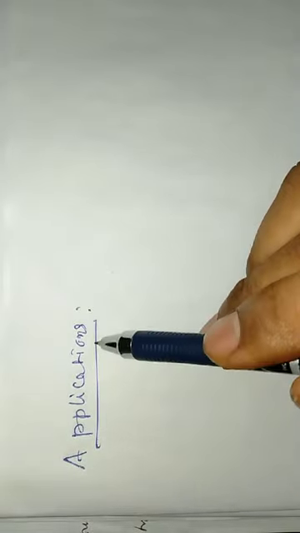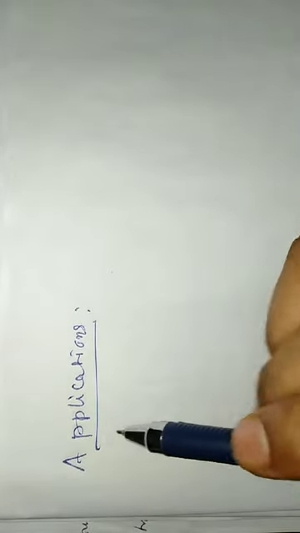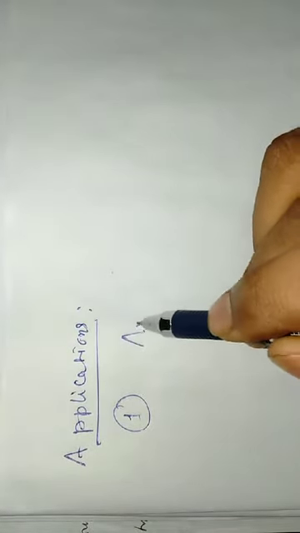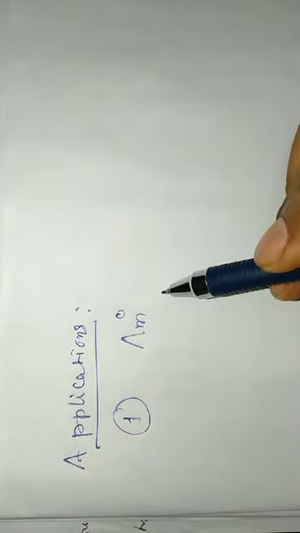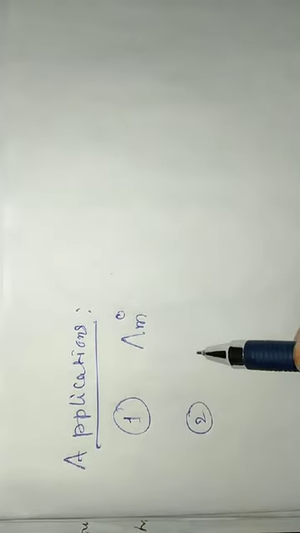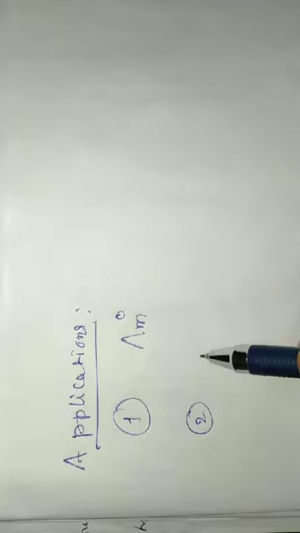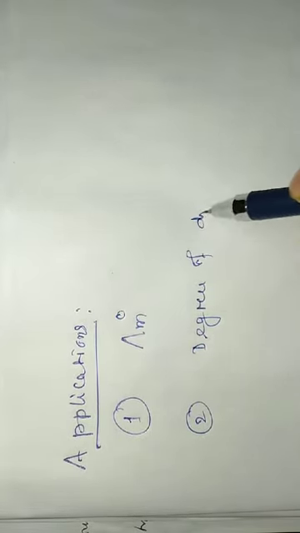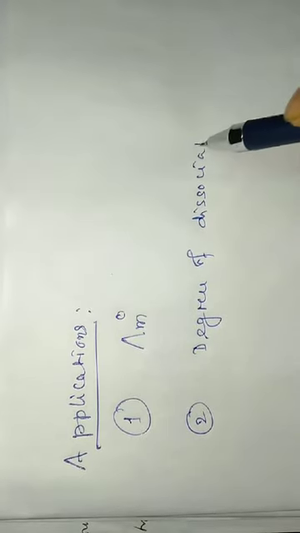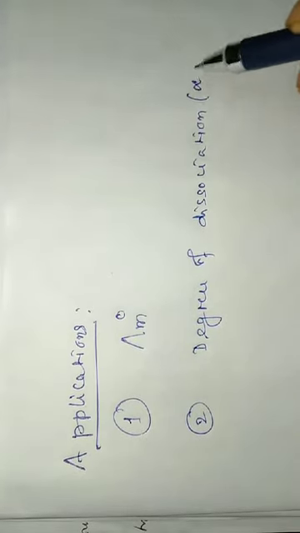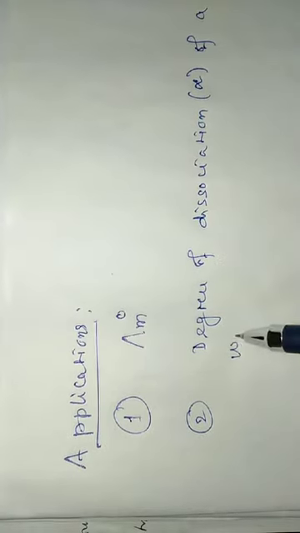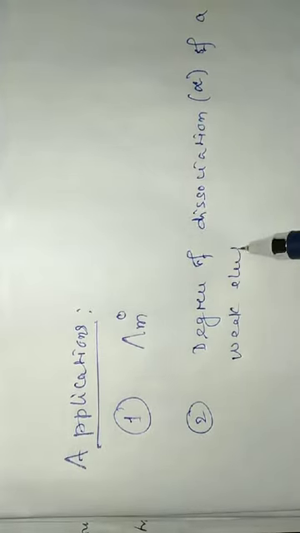So what are the applications of Kohlrausch law? With the help of Kohlrausch law we can find out the limiting molar conductivity of an electrolyte. Second application, with the help of Kohlrausch law we can find out the degree of dissociation, which is denoted by the symbol alpha, of a weak electrolyte.